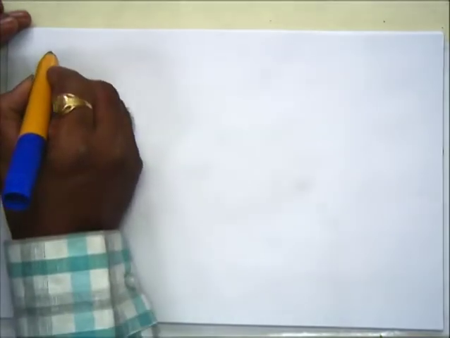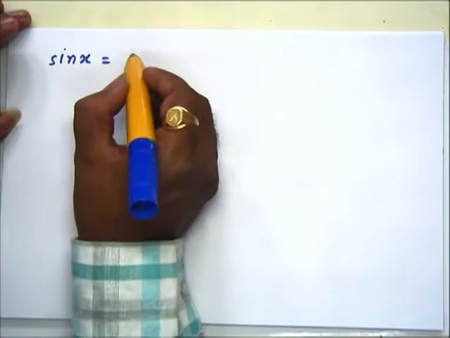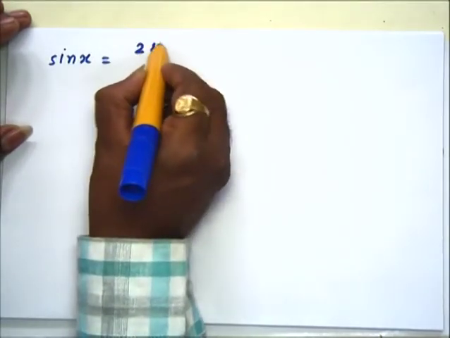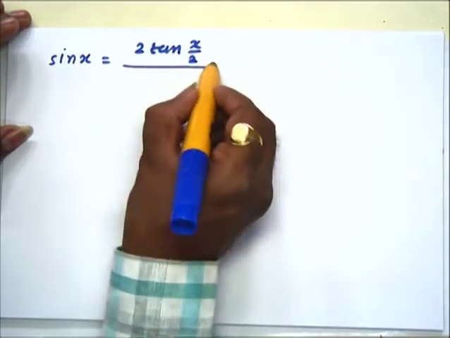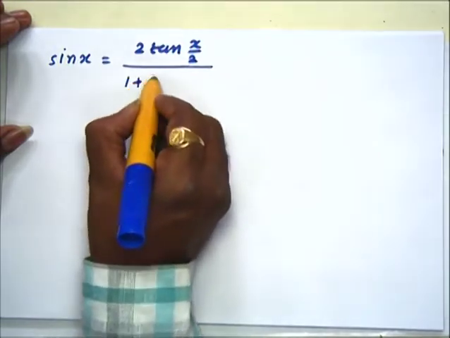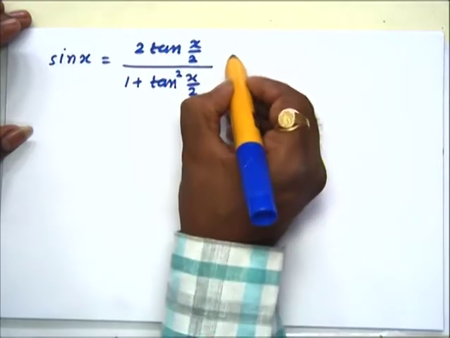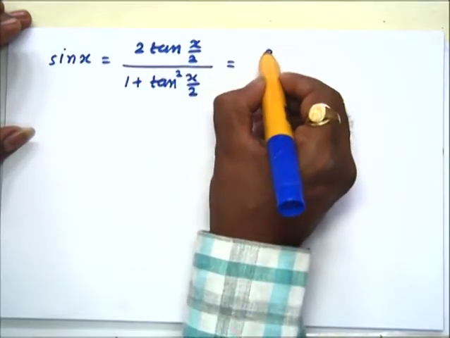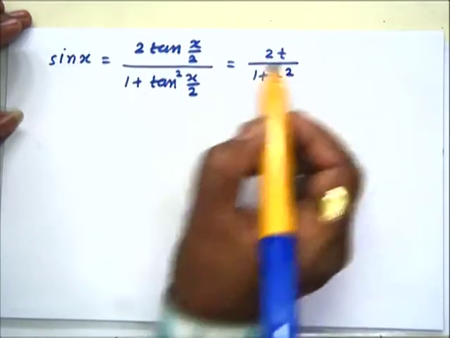We have the trigonometric formula sin x equal to 2 tan x by 2 upon 1 plus tan square x by 2. But tan x by 2 is t, so sin x is 2t upon 1 plus t square.